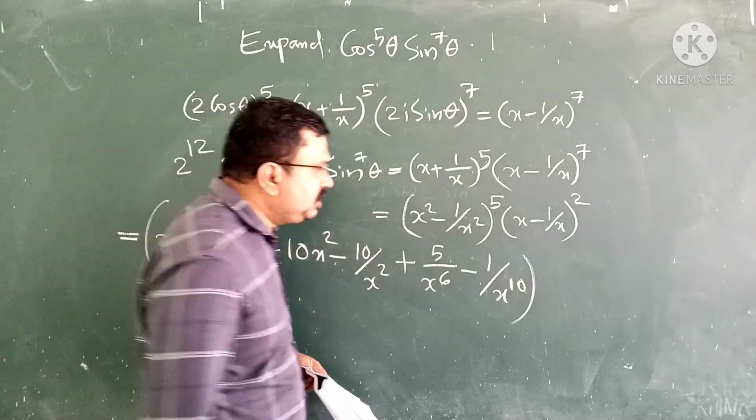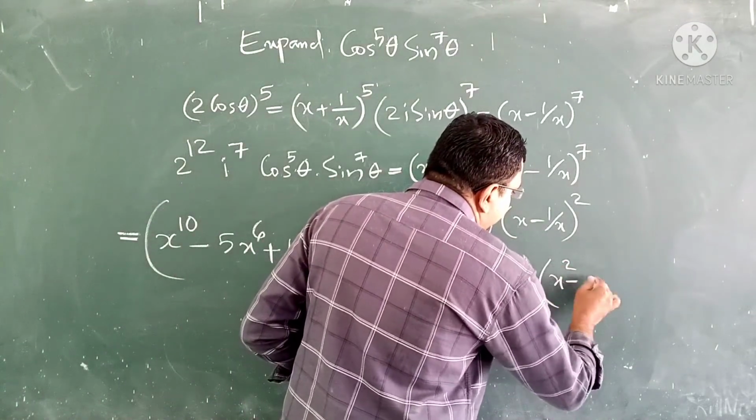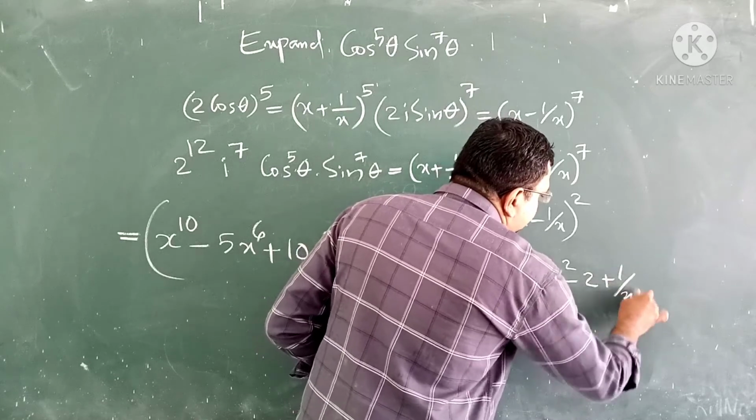Therefore this equation is equal to x square minus 2 plus 1 by x square.